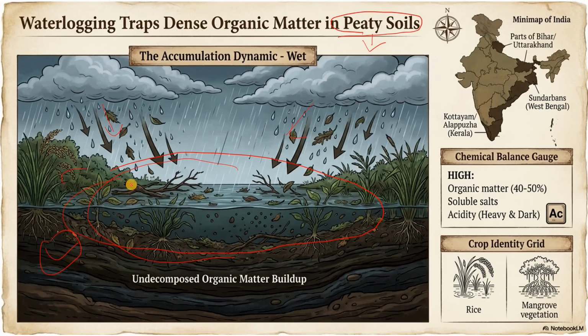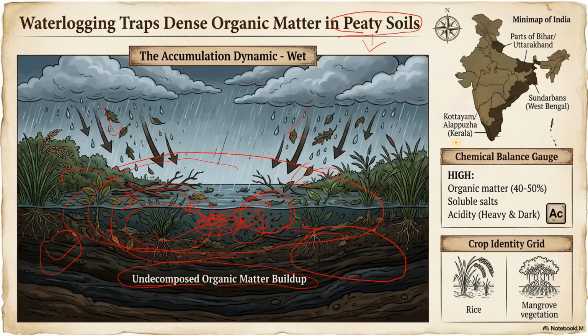The plant leaves fall into the water, and because of the lack of oxygen, the microbes are not able to decompose them soon, so the undecomposed organic matter builds up, and then slowly it turns into peat soils.